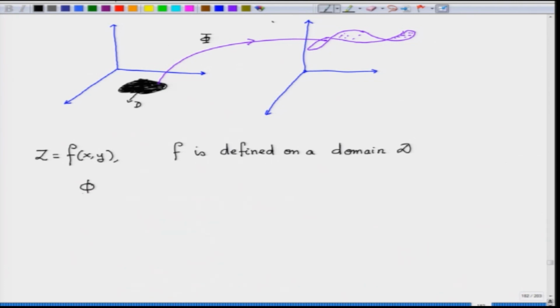So, phi of (u,v) is defined as (u, v, f(u,v)), that is, this is nothing but (x,y,z). So, you define x is equal to u, which is x of (u,v), and y is equal to v, that is y of (u,v), and z of (u,v) is equal to f of (u,v). So, this is the parametrization. So, a graph can be parametrized.